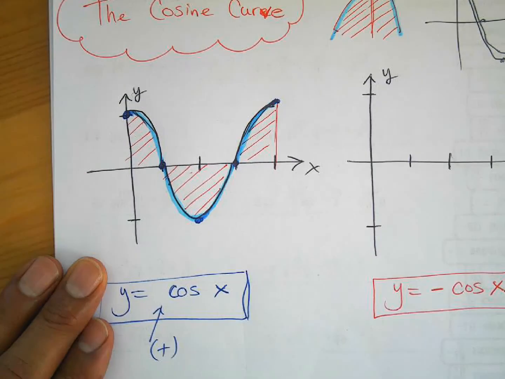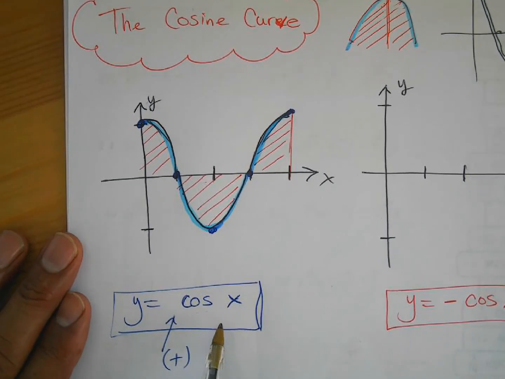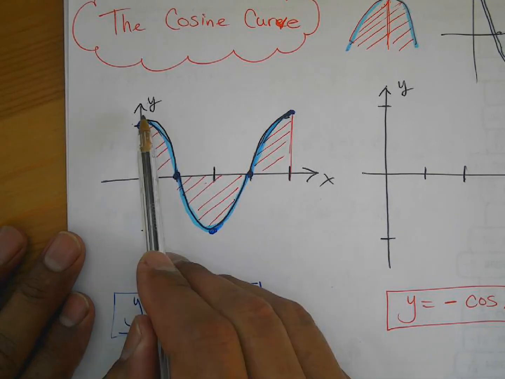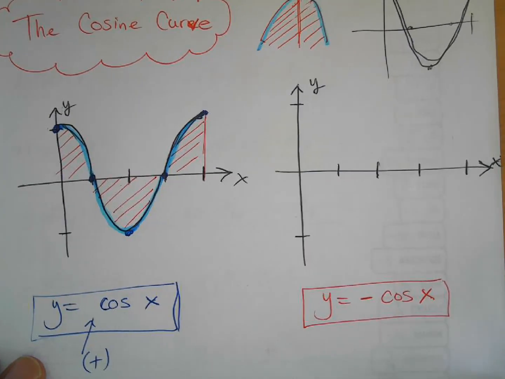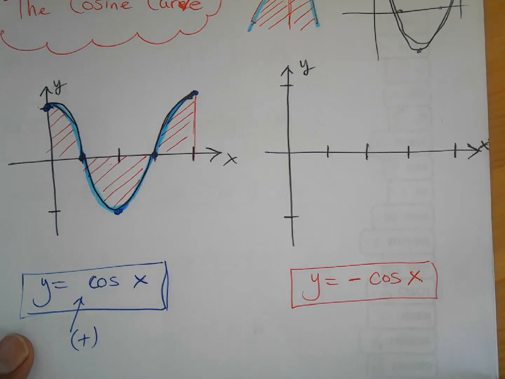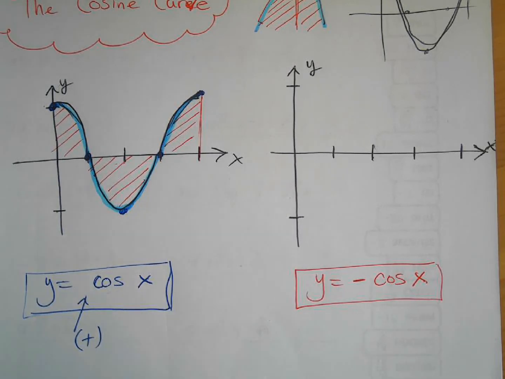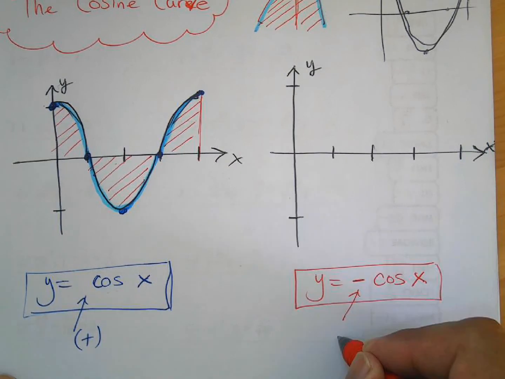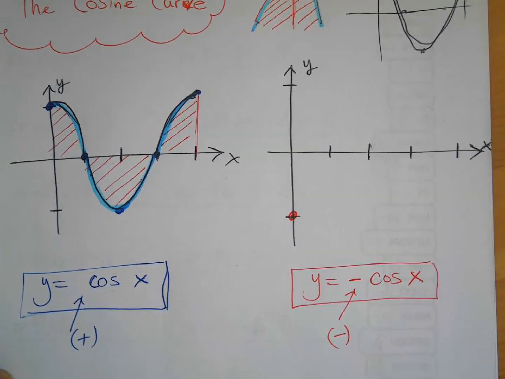Okay, so long story short, again, we're looking at cosine, sorry. Positive cosine will start on the y-axis, on the positive value of the y-axis. Gee, I wonder what the negative cosine is going to do. I wonder where it's going to start. It's not going to start on the positive value of y. It's going to start, obviously, down here at the negative. Correct.